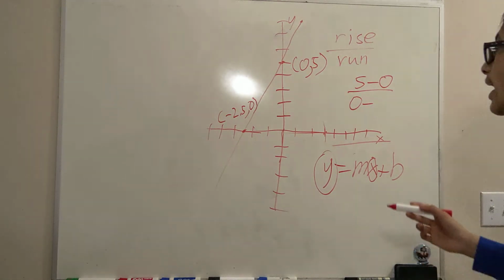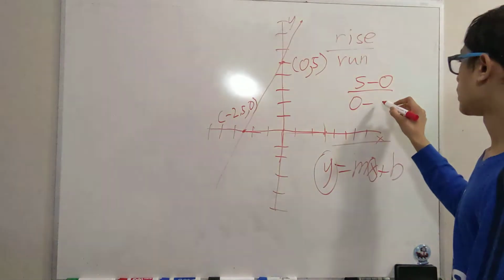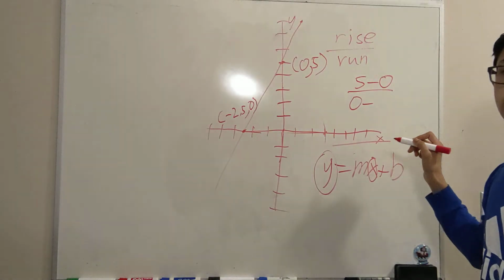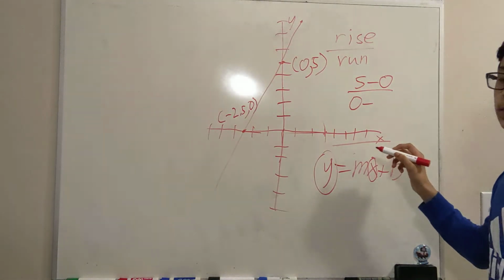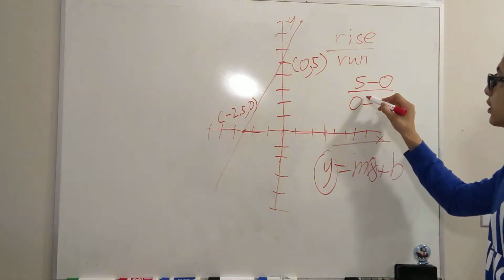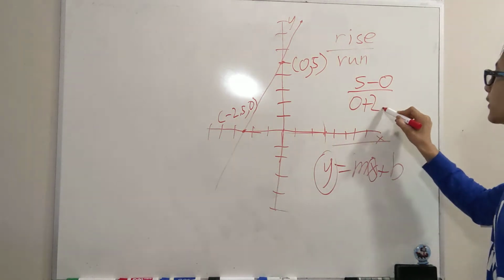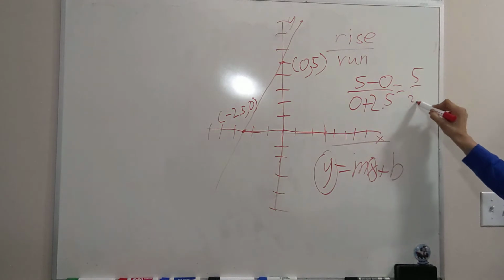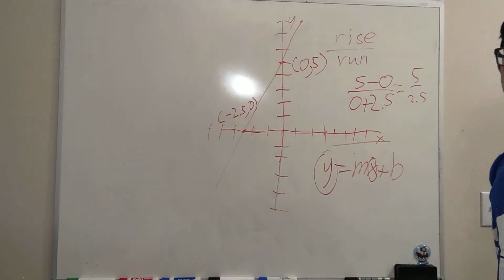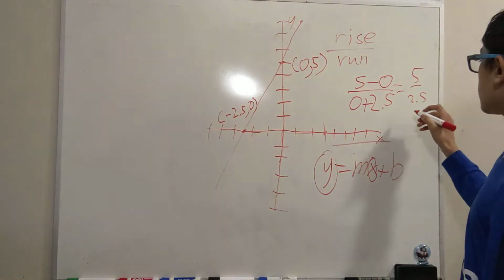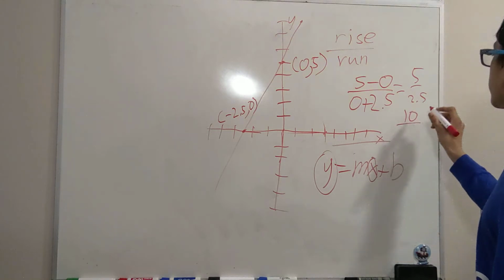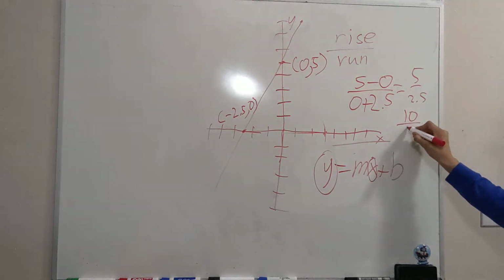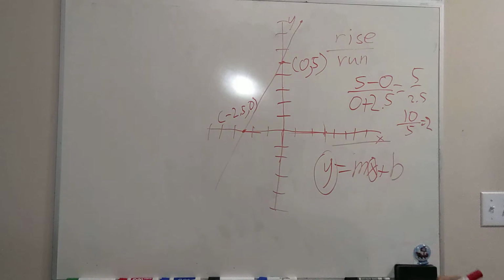Your second x is actually negative 2.5, which, if you know how this kind of subtraction works, is actually 0 plus 2.5, which equals 5 by 2.5. If you know how fractions work, then you know you can write this as 10 divided by 5, which equals 2. So that's our slope.